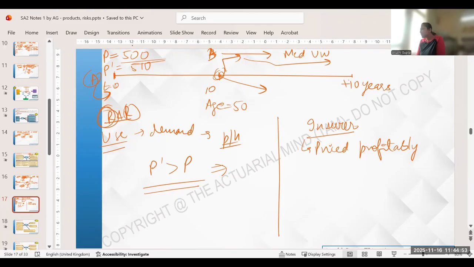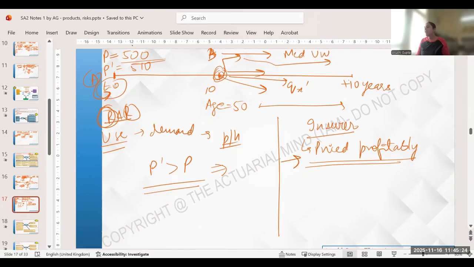Similarly, the insurer, being the other stakeholder who's the seller of this product, is also not here for charity. So they are also going to price it profitably. They are going to set assumptions that, okay, I'm standing here right now as a company, but 10 years later, what will the market scenario be like? What will be the interest rates? What will be the future qx from age 50 onwards, 10 years later? And they will also think about what the premium rates should be, and what kind of health the policyholders might be in.